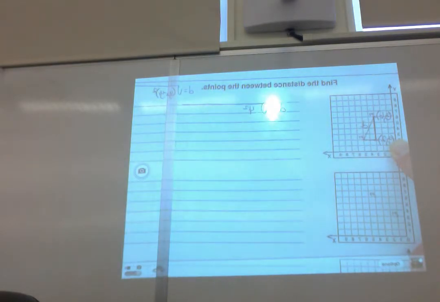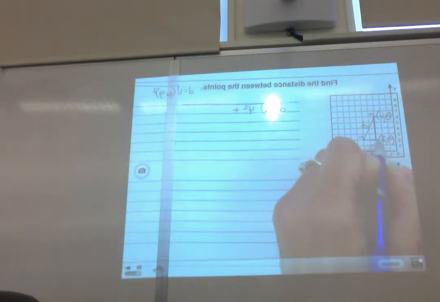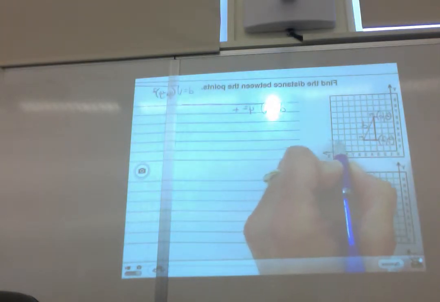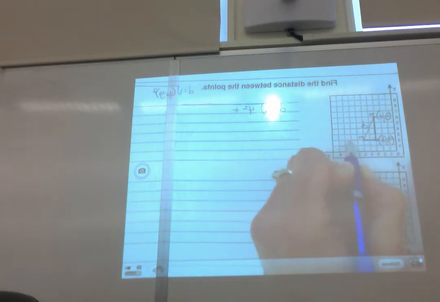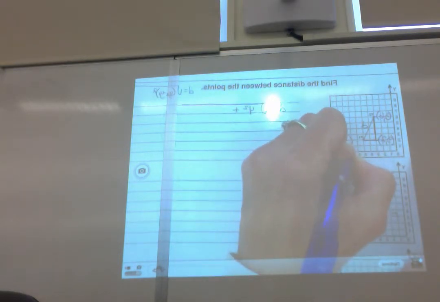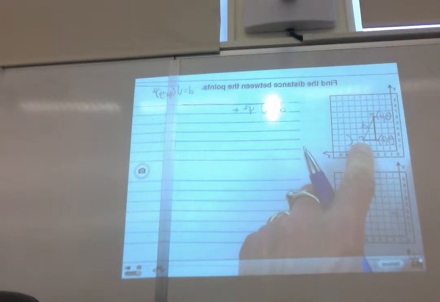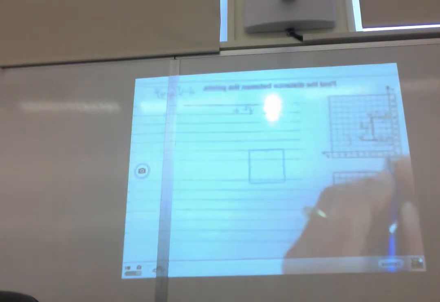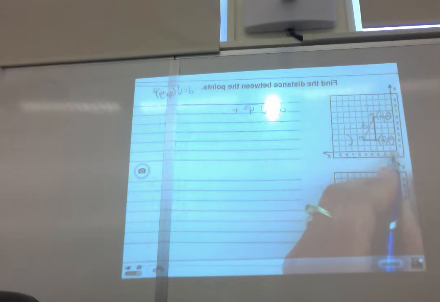plus, now on this side, they both already have the same y. They're all at level 2. Anywhere along here is 2 up from the x-axis. The coordinates for this other point, P1, are, let's see, how far over is P1? 5.